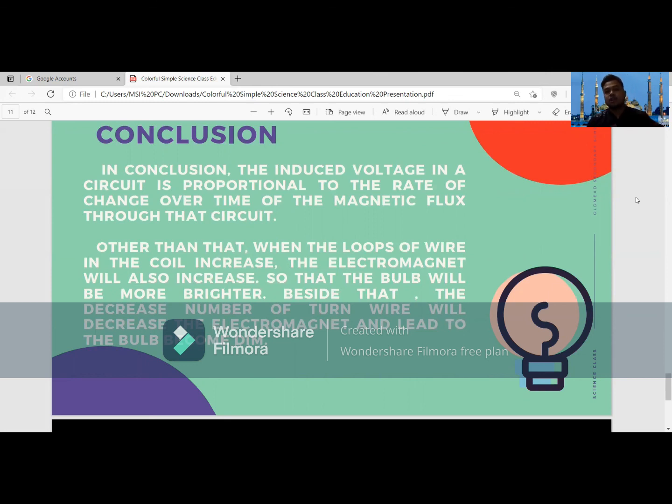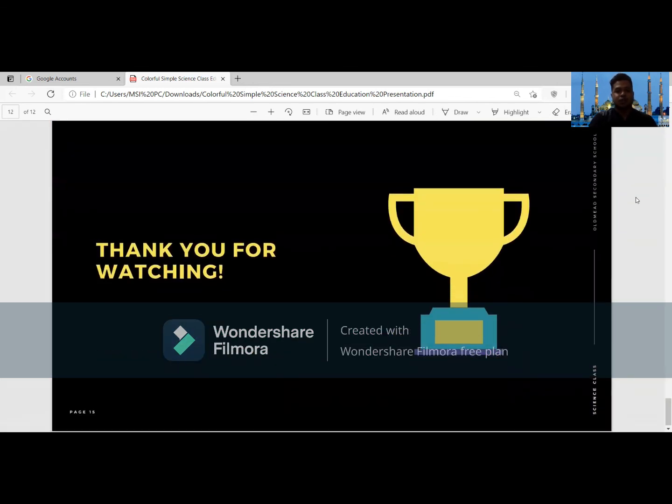Other than that, when the loops of wire in the coil increase, the electromagnet will also become stronger, which makes the bulb brighter. Besides, when the number of turns of wire in the coil decreases, the electromagnet produced also decreases, thus making the bulb dimmer. Okay, so that's all for our presentation.